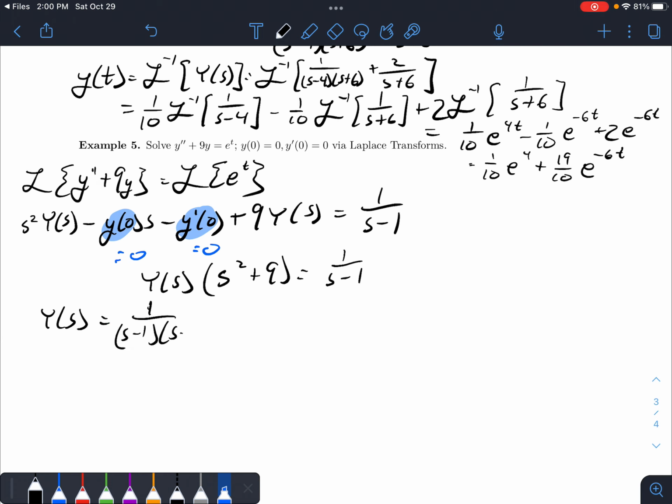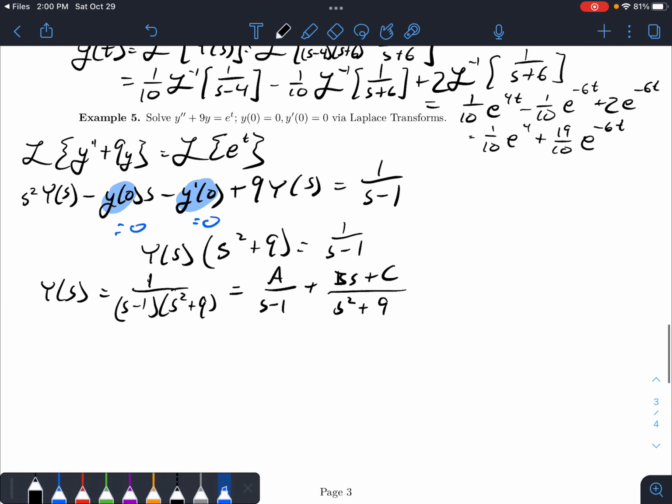So Y of s equals 1 over s minus 1 times s squared plus 9. I want to do partial fractions. This is a over s minus 1 plus bs plus c over s squared plus 9. All right.